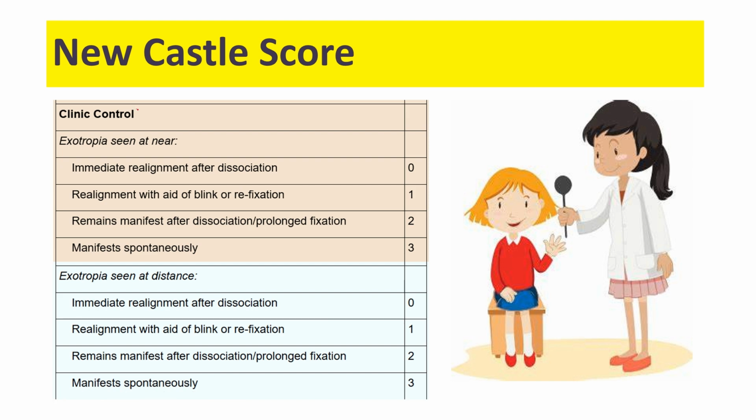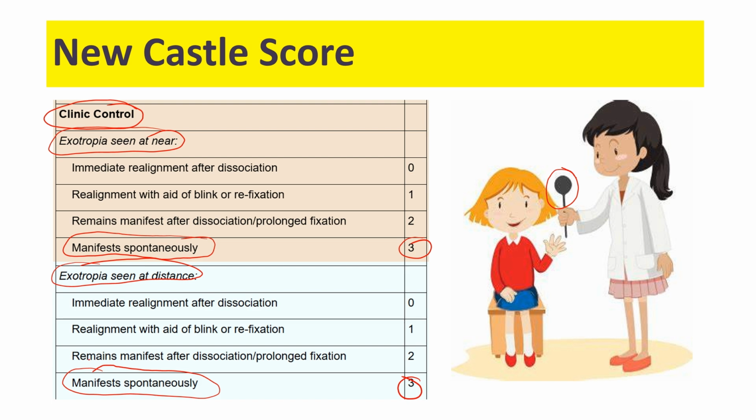Next, we will assess the clinical control. Here, the exotropia is observed at near and also at distance. Now, if the patient comes to you in the clinic and the exodeviation manifests itself spontaneously, or what I mean to say is if exotropia is observed just like that, then a score of 3 is given. But if the exotropia is not present at that time, then the doctor is going to use dissociation. And if the exotropia remains manifest after dissociation or prolonged fixation as well, then a score of 2 is given.